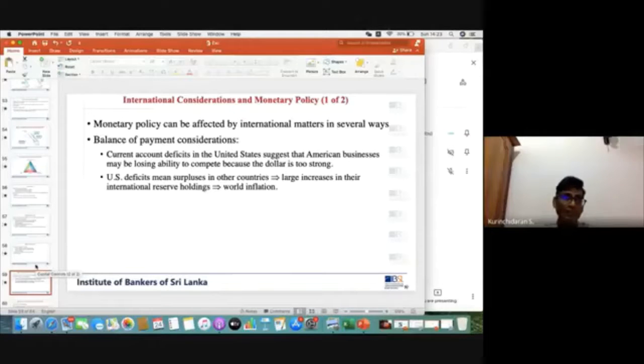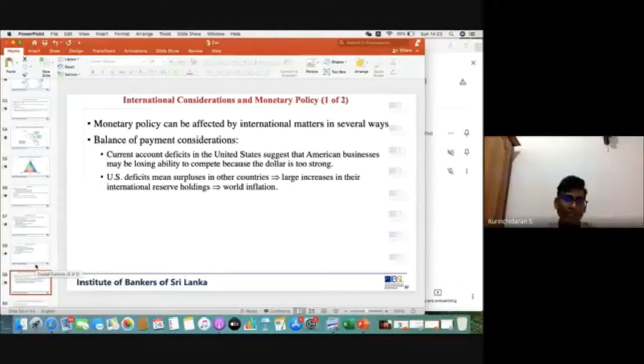If you take the US, the current account deficit suggests that American businesses may be losing the ability to compete because the dollar is too strong. Because of that, US products cannot hold their competitiveness against other products.